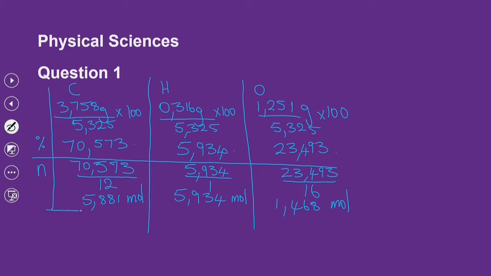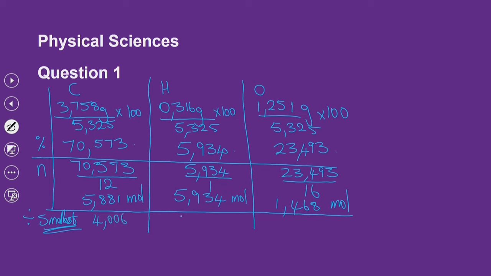We're still not done. One last thing we need to do: we're going to divide by the smallest number that we've got there. The smallest number is 1.468. So all these numbers you divide by 1.468 and you'll find that this answer is about 4,006.